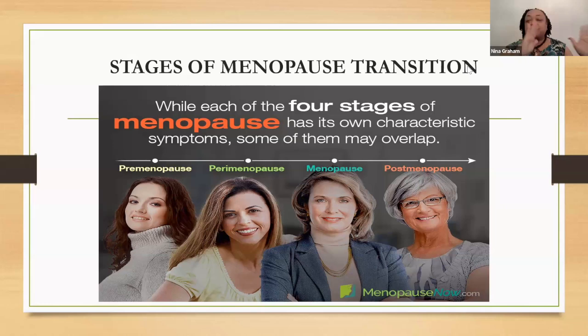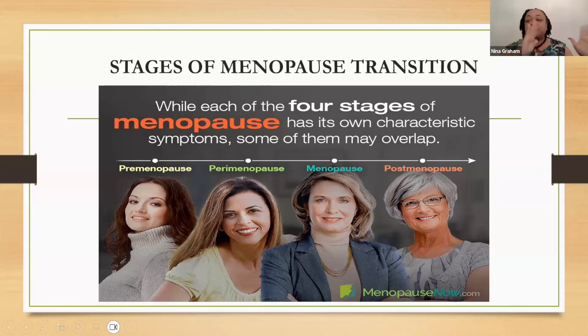In the beginning, she may just have a few hot flashes, nothing too much, she can handle it. As years go on, she may start to have a lot of the symptoms, but a lot of this depends on several factors, and I'll mention those later. And of course, like I mentioned, postmenopause is after your periods have stopped.